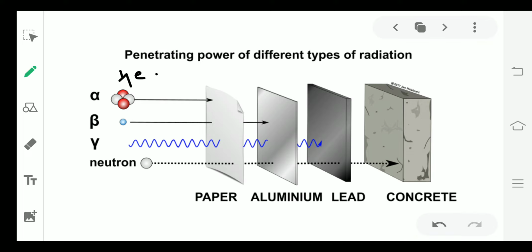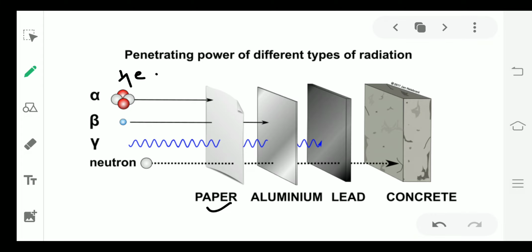So alpha can't even penetrate through paper, beta can penetrate through paper but can't penetrate through aluminium, and gamma will penetrate through aluminium, paper, as well as lead.